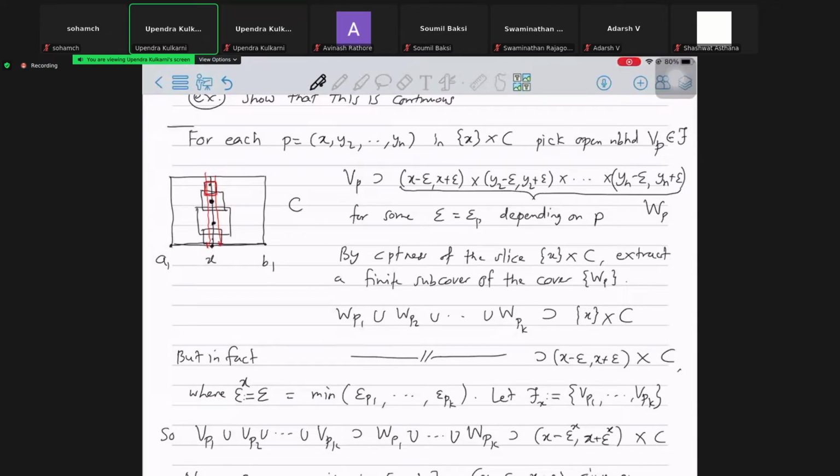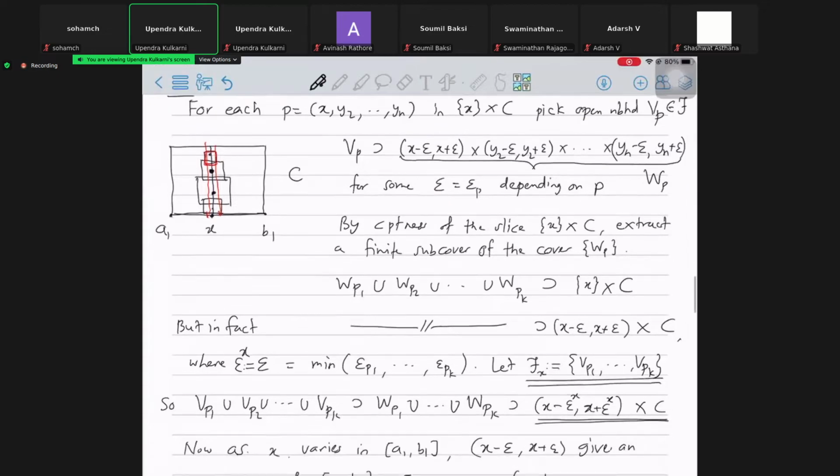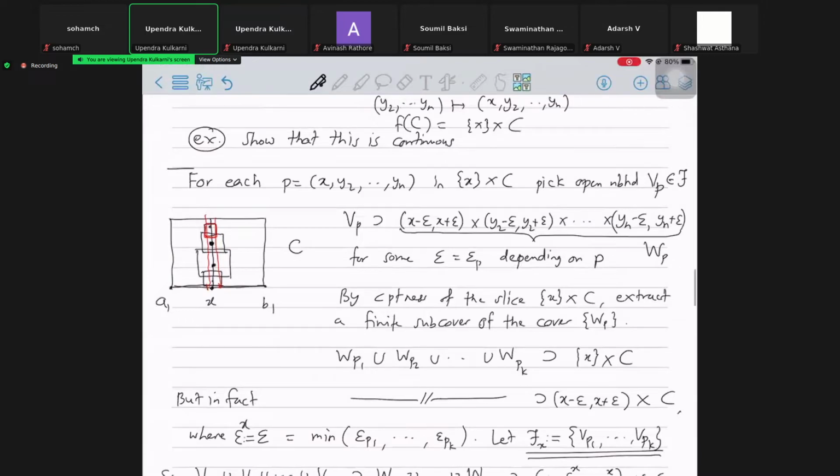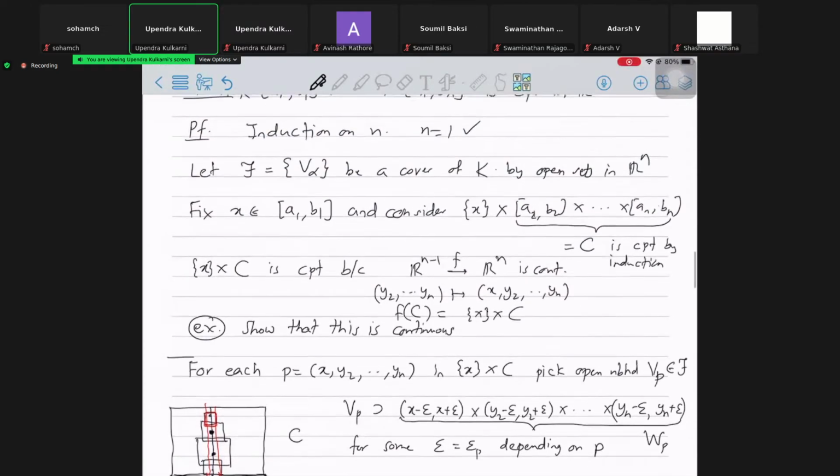And that family of V's is what I called F sub X. So you see this F sub X is a finite subcover of a tube around X. So how do I find a finite number of V's that cover the entire box K?